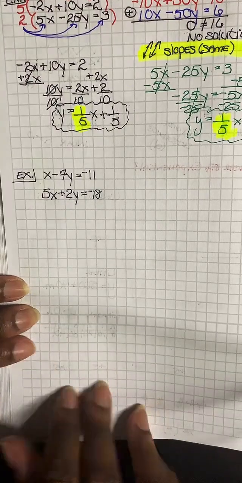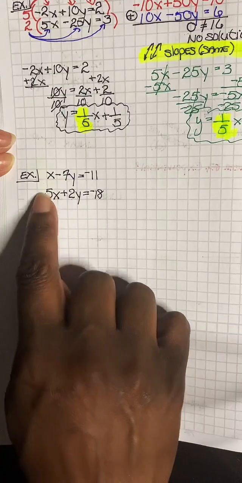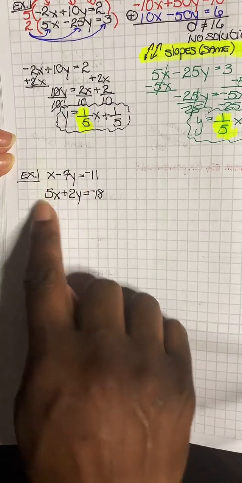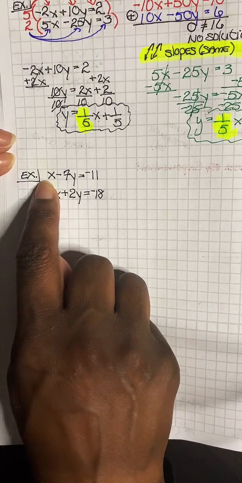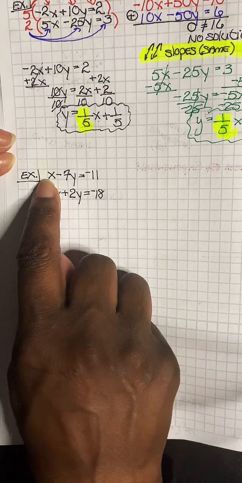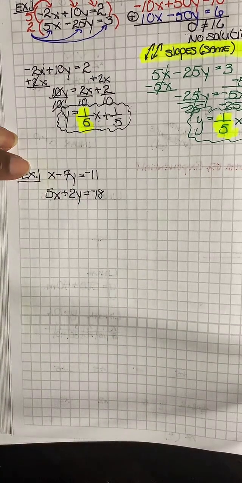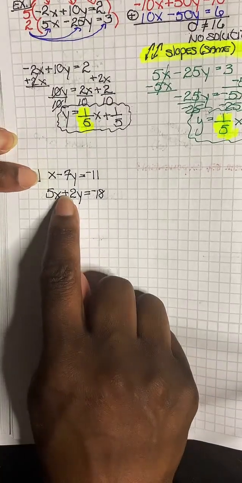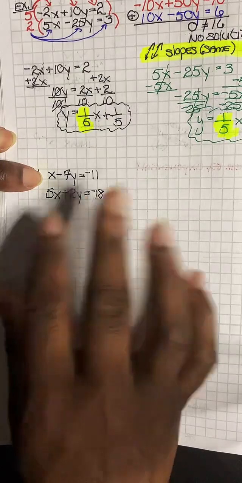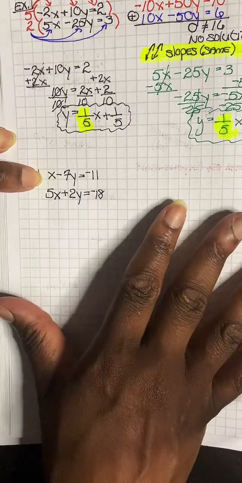So now, the first thing that we're looking at is the x and the y. I noticed that the x looks like it doesn't have a coefficient, but it does. It's understood that it has a 1 as its coefficient. So what we could do is what's called substitution, and trust me, substitution takes forever.